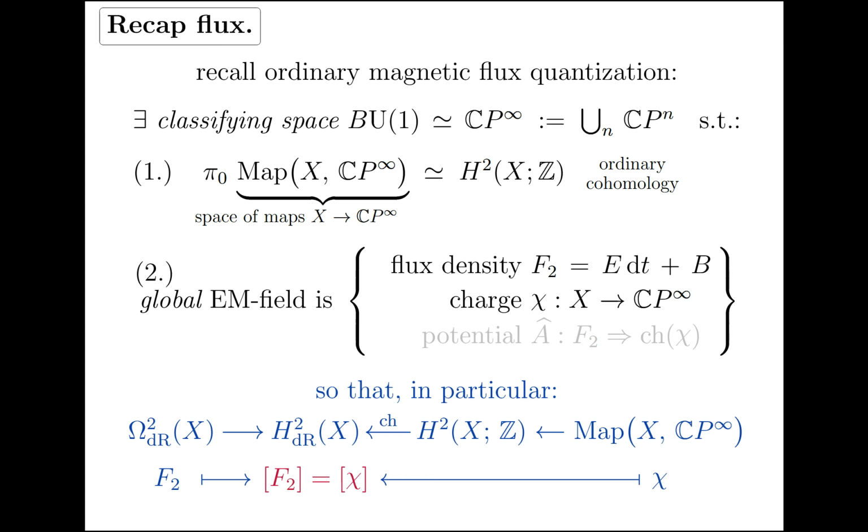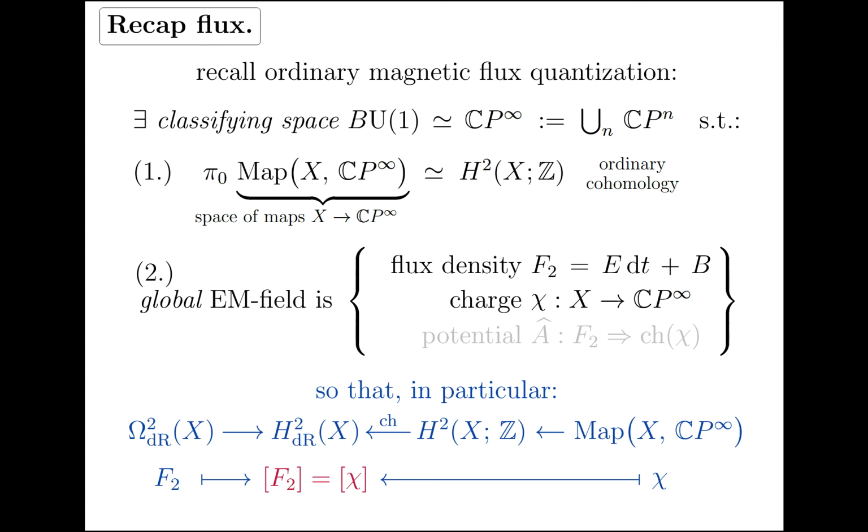I'm going to call it the character of chi, for reasons that become clear in a moment. Actually, this is the analog of the character map, the Chern character on K theory; this is the simple version of it, the Chern character in ordinary cohomology. It takes integral cohomology to de Rham cohomology. Anyway, the flux quantization condition that goes back to Dirac, who didn't quite say it this way but it's equivalent, is that the de Rham class of our flux density cannot be any de Rham class.